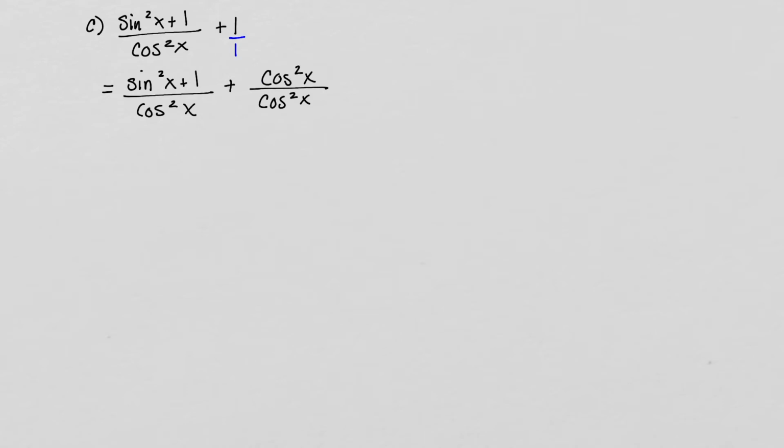I multiplied by the same thing on the top and the bottom, so I didn't change my fraction, it just looks different now. It's like it put on a Halloween costume. It didn't change who it is, but it looks a lot different.